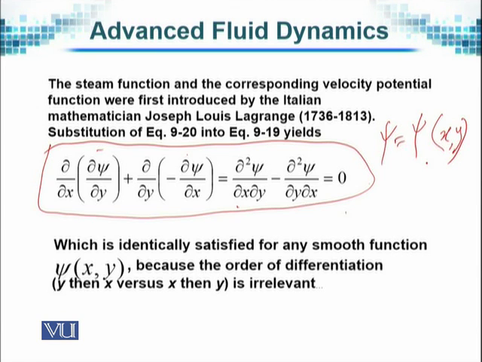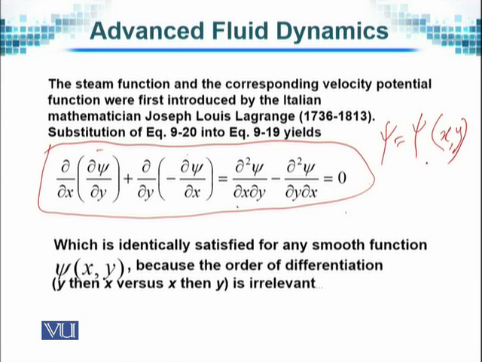And therefore, the clever thing, the advantage here, is that we have reduced 2 functions into one. Now if we have to determine the motion by finding out u and v, we have to find out 2 unknowns.